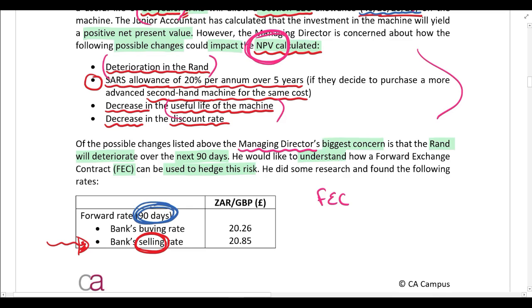They agree that in 90 days' time, the bank will sell pounds to Furniture Galore, or Furniture Galore will buy pounds, at a rate of 20 rand and 85 cents. So he's no longer exposed to currency risk. He won't be affected by any fluctuations in exchange rates because they have fixed the exchange rate at transaction date. And then just explain why you are using the selling rate in your discussion and not the bank's buying rate.